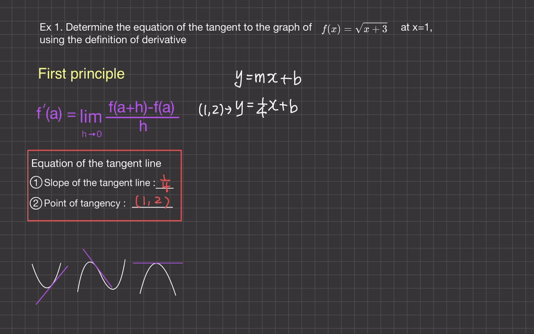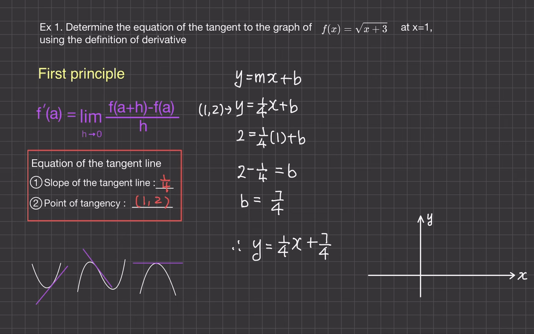So, 2 equals 1 over 4 times 1 plus b. Move 1 over 4 to the other side. So, 2 minus 1 over 4 equals b. Then, b equals 7 over 4. Therefore, the equation of the tangent line is y equals 1 over 4x plus 7 over 4.